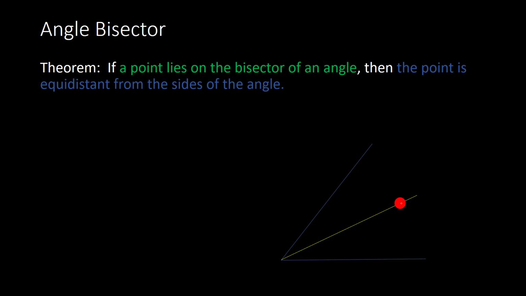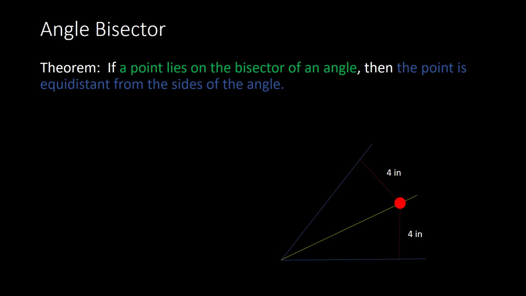So we see here the point is on the bisector of the angle. Then according to this theorem, the point is equidistant from the sides. Meaning, if I were to draw a segment that is perpendicular from that point to each of the sides, then that distance will be the same. So it could be both 4 inches, could be any quantity, but the length will be the same.